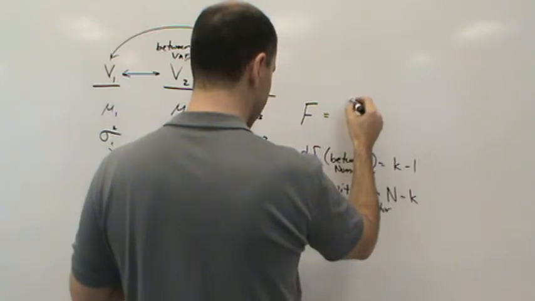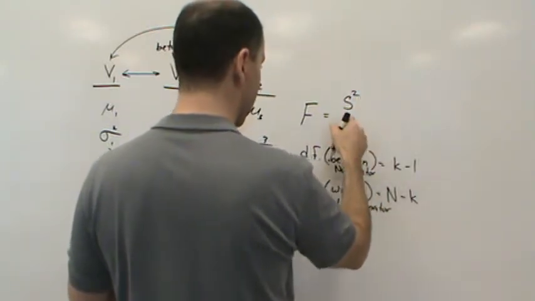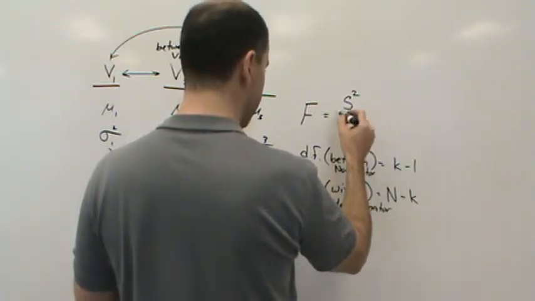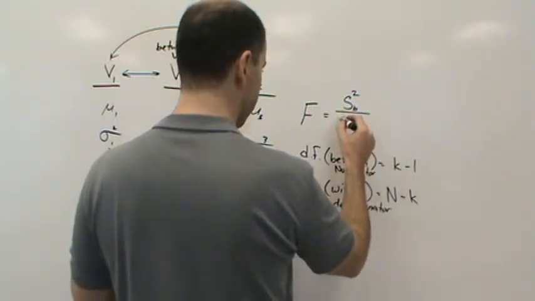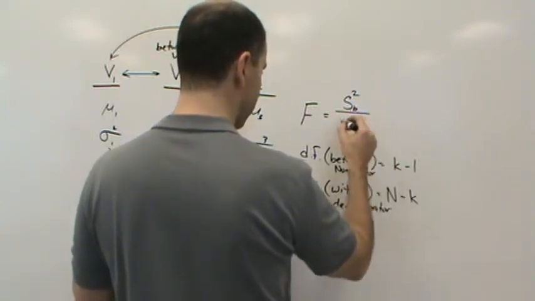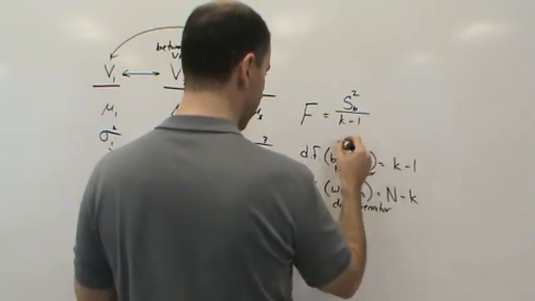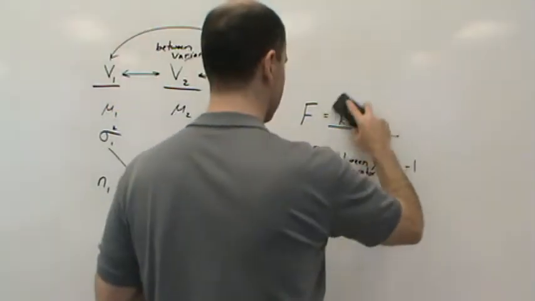It's going to be s squared, the sum of squares of the between variation, which is b, divided by the degrees of freedom of the numerator, which is k minus 1, divided by, let me write this up a little higher.